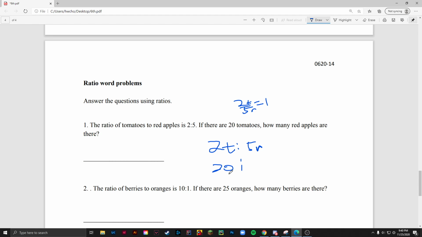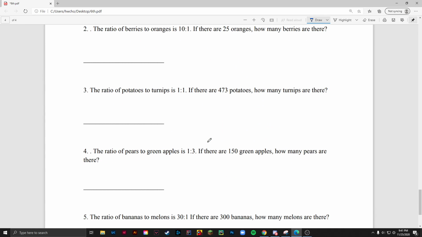Since you have 20 here, well, t is going to be equal to 10. This is also going to be equal to t, so it's going to also be equal to 10, and then you get 50. So it's going to be a 20 to 50 ratio, right? Because it's just multiplied by 10 onto the ratio. So 50 red apples. Let's go over number 3.